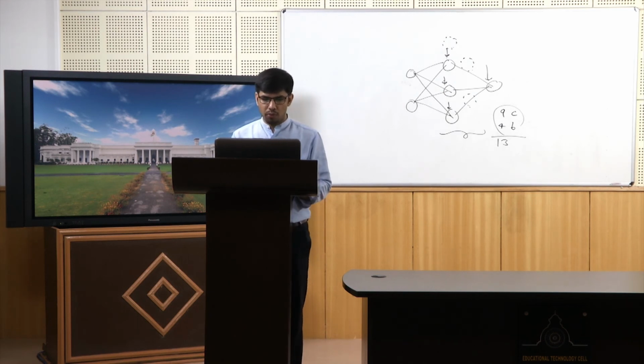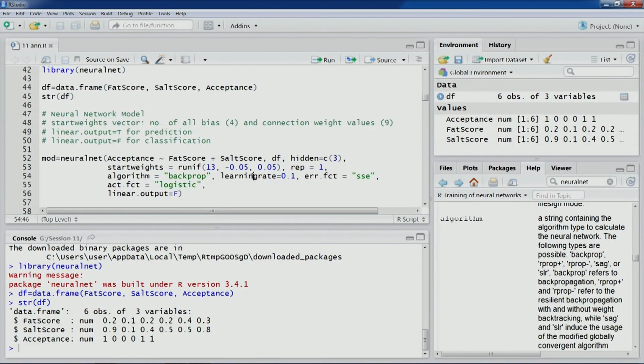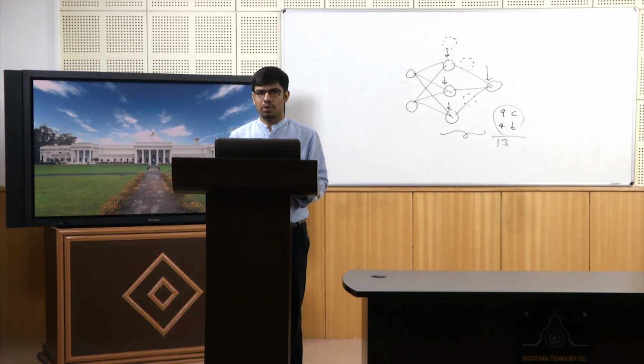So this is 0.1. Whatever formula we saw, the updation formulas for thetas and weights in the previous lecture, the addition was the learning rate times the error value. So you can see 10% of that particular value is being used to learn.